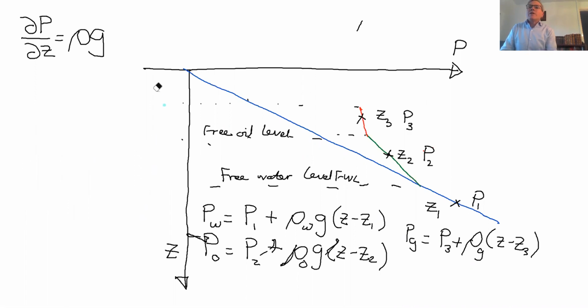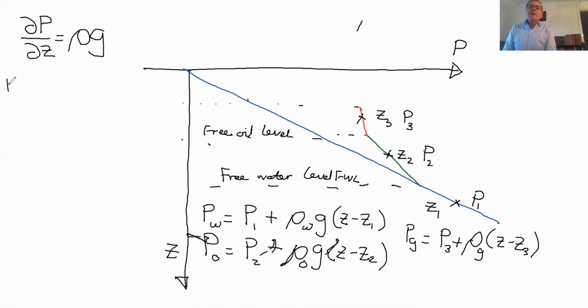Okay, and I'm going to now write the equations here. So for the free water level, I know that P oil is P, sorry, not P2 is P1, the oil and water pressures are the same.